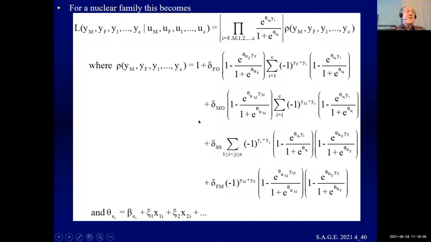Anyway, everything's on the logit scale. So this theta is a mean on the logit scale, from baseline genotype parameter plus all these covariates and things, and you can estimate the covariate coefficients.